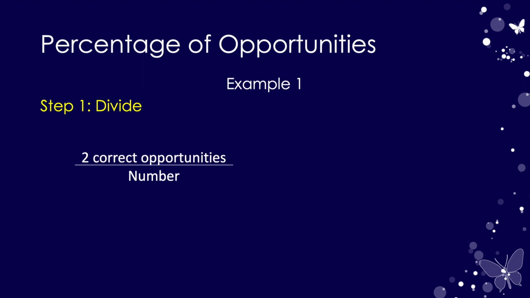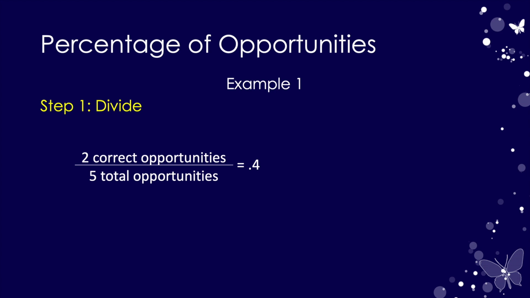So, the dog followed her instructions 2 times. However, the dog was given 5 opportunities to follow her instructions. You would divide 2 by 5 and receive 0.4 as your answer.